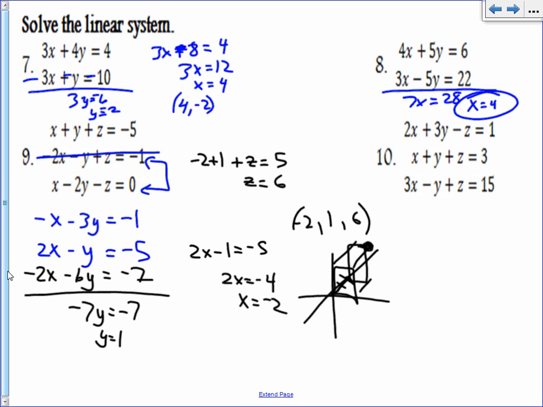I'll look at those more tomorrow. Again, if there's something specific you want to ask me about that, guys, I do it the same way. Take these two, add them together. Gives you a new equation. Take this one right here and this one down here.